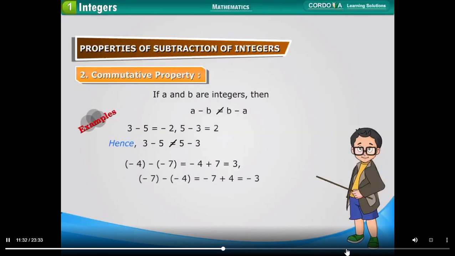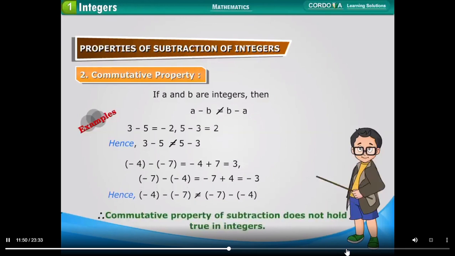Negative 7 minus negative 4 is equal to negative 7 plus 4, which is equal to negative 3. Hence, negative 4 minus negative 7 is not equal to negative 7 minus negative 4. Therefore, commutative property of subtraction does not hold true in integers.